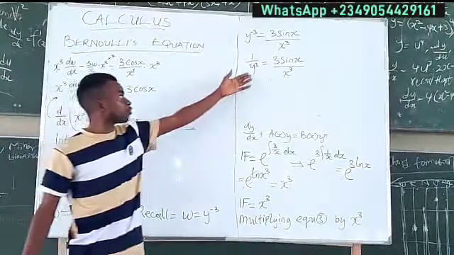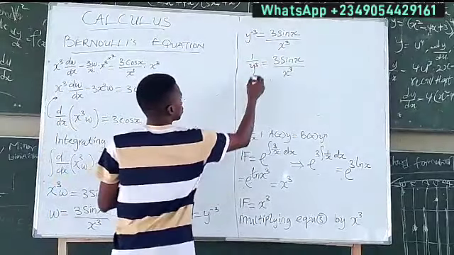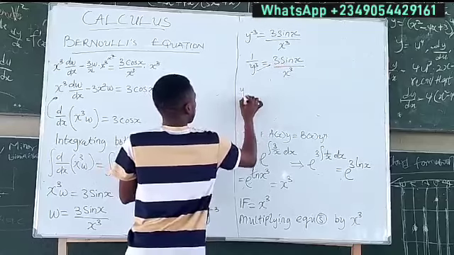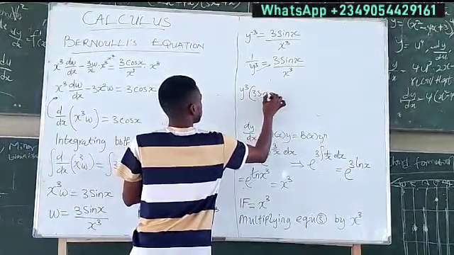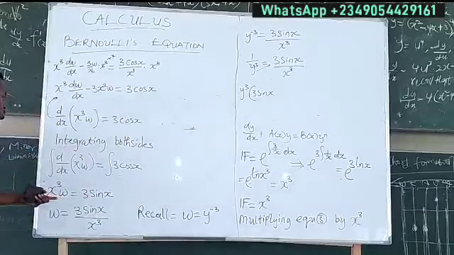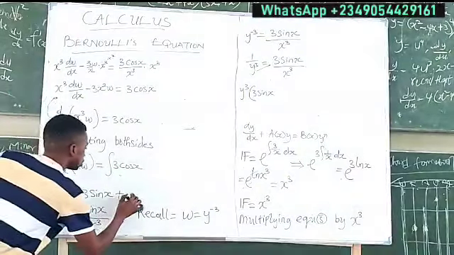Okay, from this part, we can multiply y raised to the power 3 into this. It becomes y raised to the power 3 times 3 sin x. Okay, let's remember, since we have integrated this, we are going to add our integrating constant, which is c.